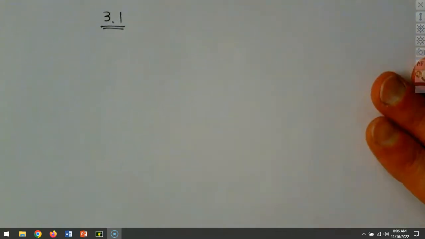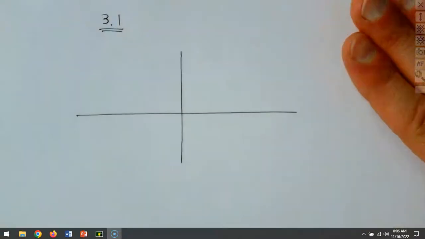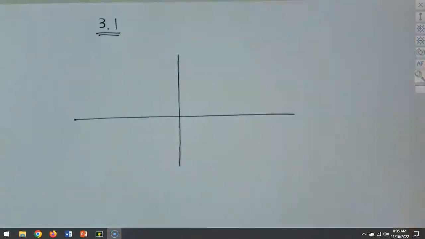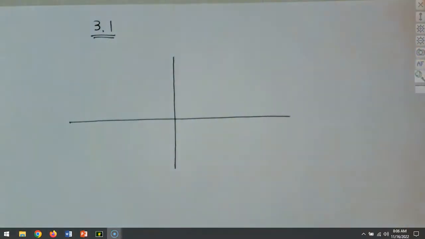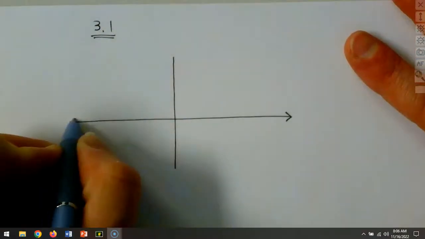Now, when we go to graph equations, we have to plot points, and we work in a two-dimensional system. And what I mean by that is we've got a Cartesian or coordinate plane. Sometimes it's called the Cartesian plane, named after the French mathematician René Descartes.